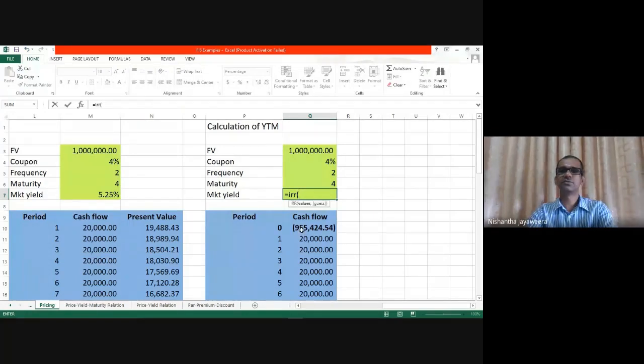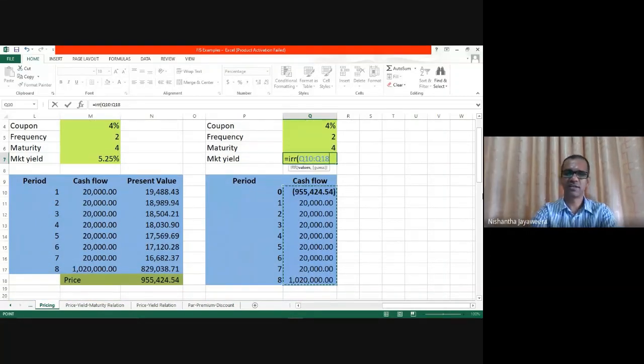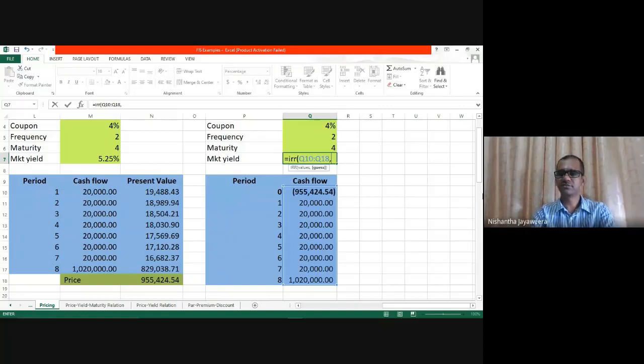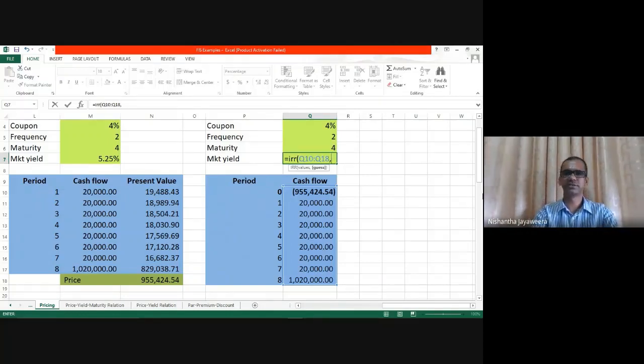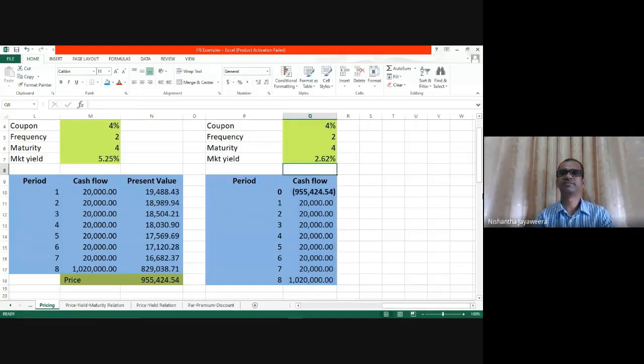Select all the cash flows, and we have to give a guess first of what the result would be. Say we assume 3%. We can add it as 3%. Just enter. It will calculate this and give you a yield.